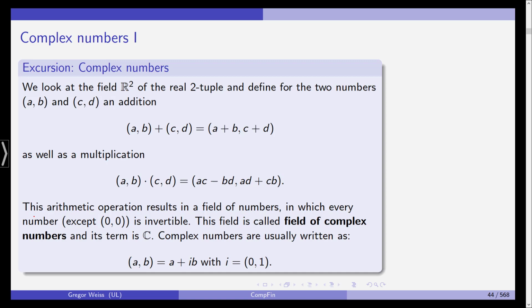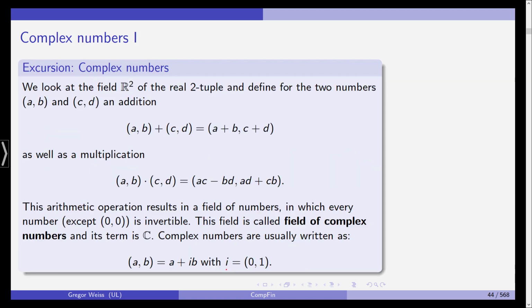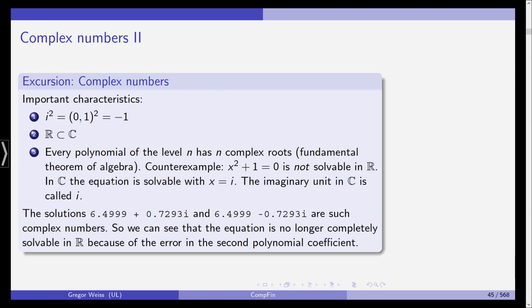And because of this part here, you can write those complex numbers either as tuples (a,b), or you simply write a plus i times b, and i is the so-called imaginary unit, die imaginäre Einheit der komplexen Zahlen. Okay, some important characteristics. Very crazy to see that if you take this number i, which is not a real number, it's a complex number.